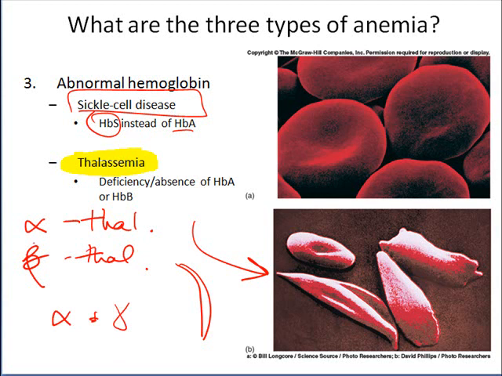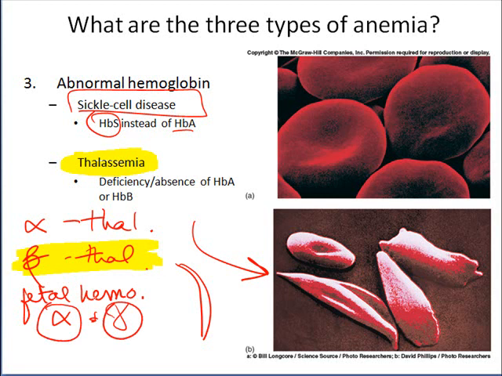Well, it turns out if somebody has beta thalassemia where they cannot make proper beta chains, we can actually give those people a medication that induces them to start making fetal hemoglobin instead. And this is a solution because now I'm making hemoglobin that includes alpha chains and gamma chains, and then it doesn't matter that I can't make beta.